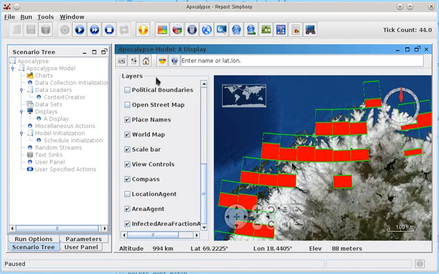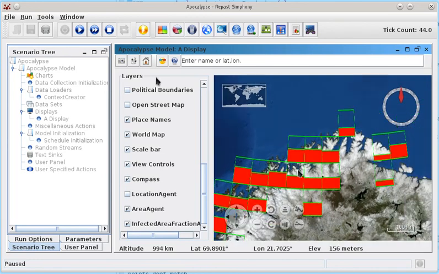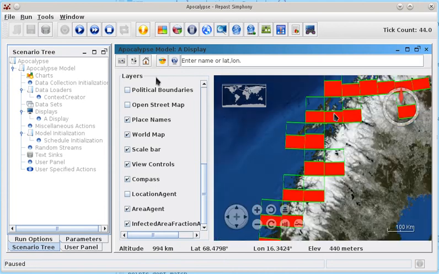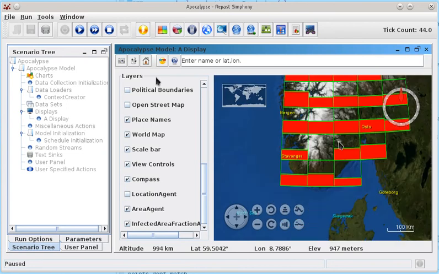It shows very nicely how much of the population in the particular area is infected, but as of yet we cannot see clearly how the disease is spreading, and this is what troubles me particularly.